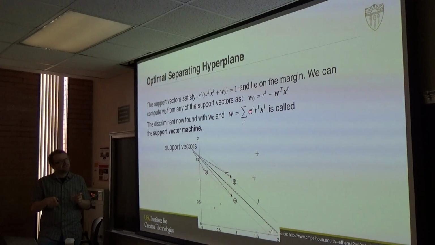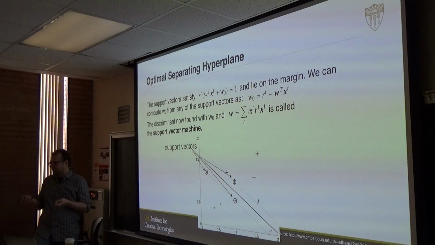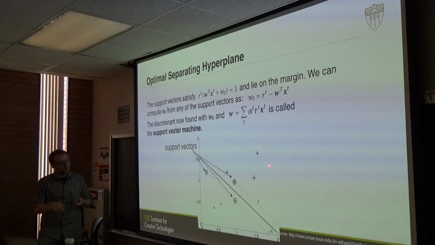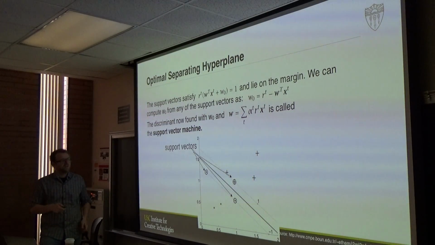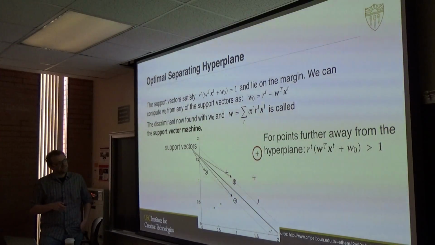So if this is 0, this x doesn't have any influence. So these are all these points out here, and if it's not 0, well, then it's exactly these points here that are on the margin, so they have an influence on the weight vector. And for this point, the value is greater than 1, and so on.